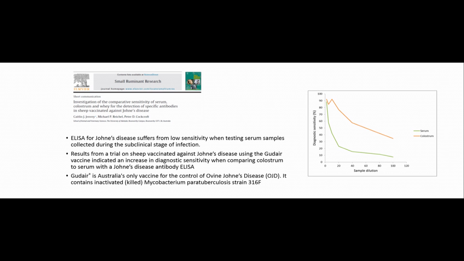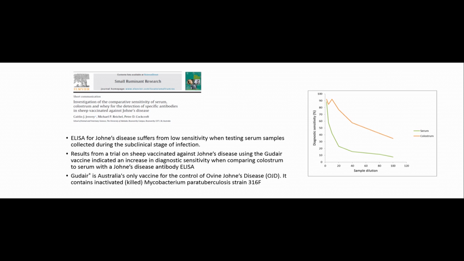We did some prior work with this concept in mind, and this is data that we published, looking at sheep vaccinated with our licensed vaccine in Australia against Johne's in sheep, which is the Gudair vaccine from Spain. It's a killed vaccine. If we look at this graph, with sample dilution on the bottom axis and diagnostic sensitivity, we can see quite a large step up in sensitivity when we use colostrum.